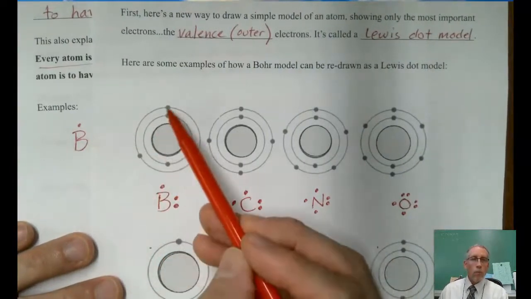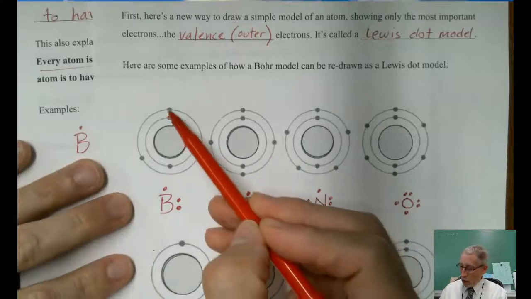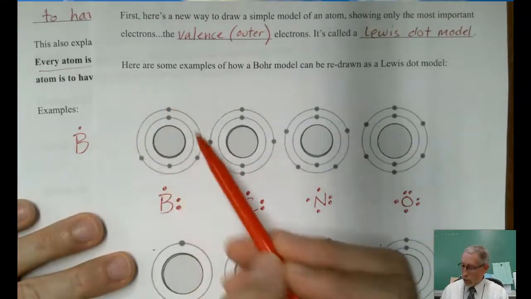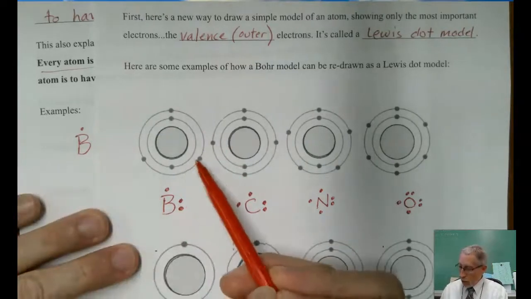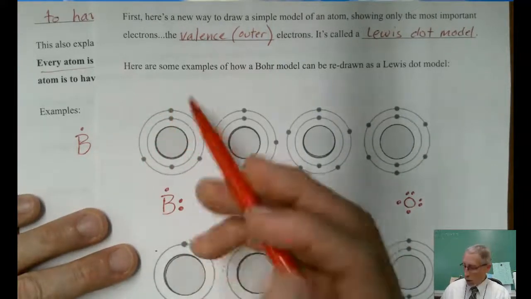Okay? So there's 2 ways for boron to get a full outer energy level. One way would be to acquire 5 more electrons so that these 3 would then become 8 outer electrons. And remember, 8's the most. But there's another way, in fact, a better way for boron to do this. If boron were to lose its 3 electrons, then look what happens.